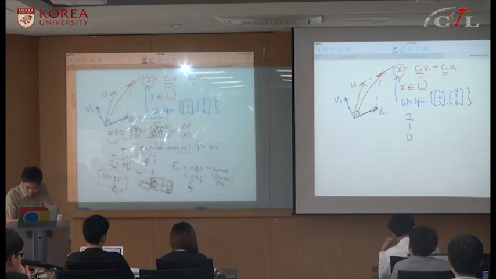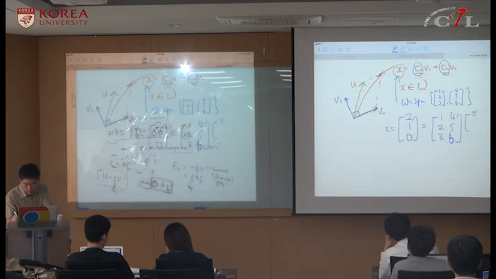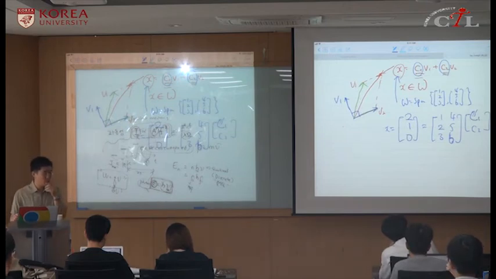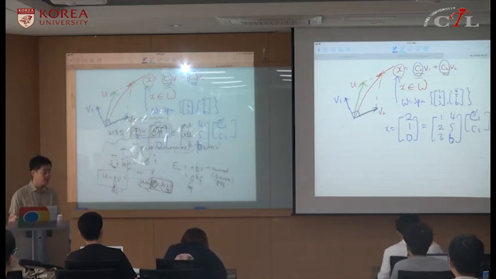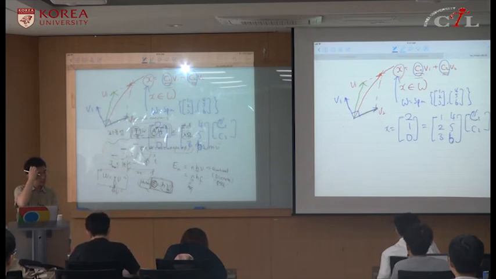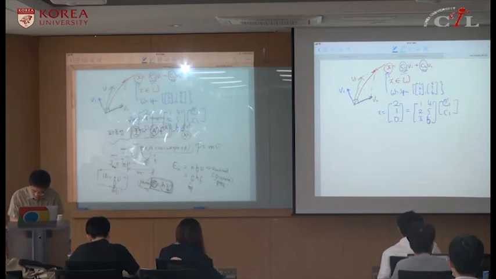Then 2, 1, 0 is our vector x. Let's try to find c1 and c2. How do you find it? It is just solving this linear system, right? The easiest, typical way of obtaining c1 and c2 is just by solving this linear system. Let me explain.